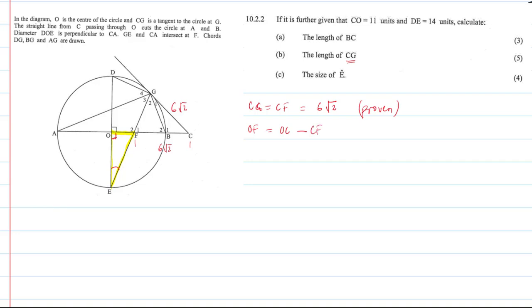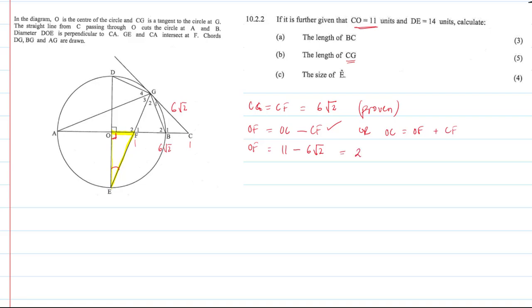Alternatively, if you want to think about it this way, you could say that the distance O to C is equal to the distance O to F, plus the distance C to F. And so if I rearrange, that's where I'm going to get that value from. So OF is equal to OC, which is 11 units. We were given that in the question, minus the 6 root 2, which we calculated.